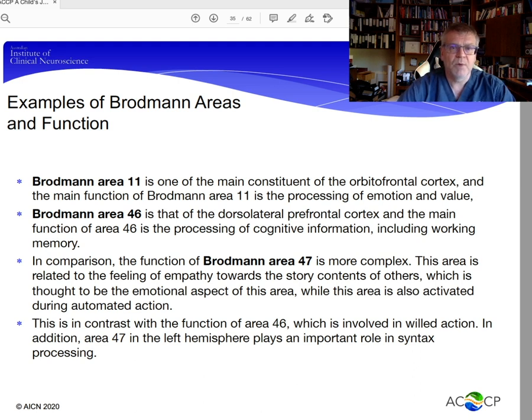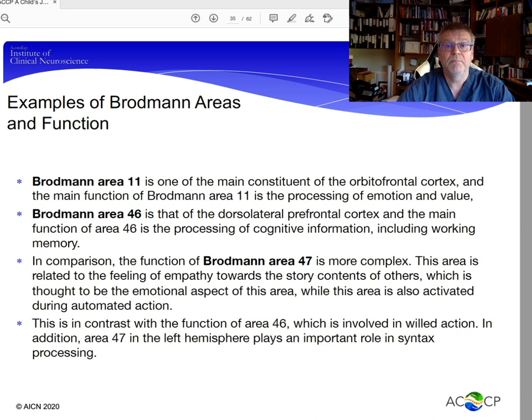Now, if we look at Brodmann area 46, this is the dorsolateral prefrontal cortex. Again, one of the main areas that we usually involve in the executive functioning. But this is more an area that's processing cognitive information and working memory. So we have the difference between Brodmann area 11 and Brodmann area 46.